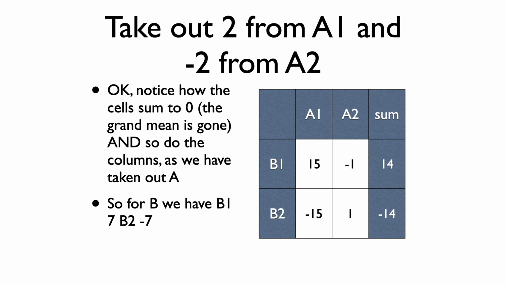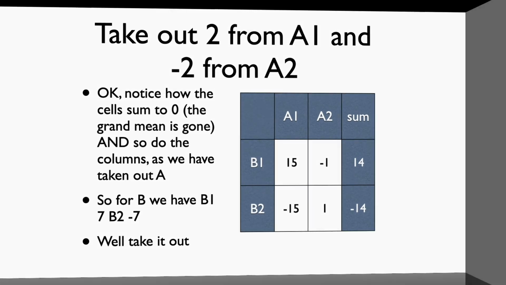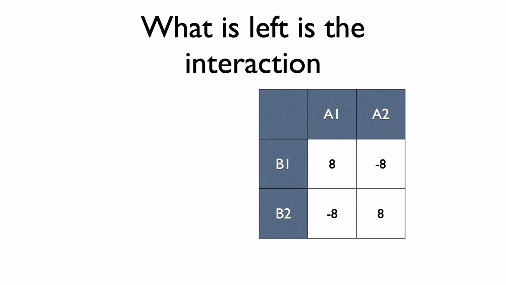Negative 15 plus 1, negative 14. So 7, negative 7. So we're going to end up with, last time we got all zeros. This time we're going to end up with 8, negative 8, negative 8, and 8.